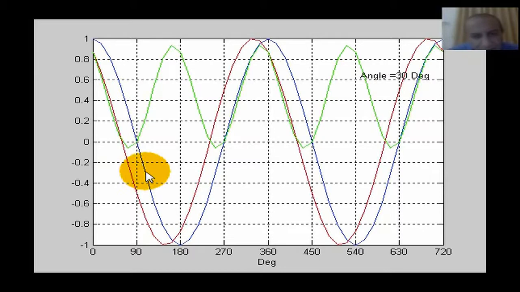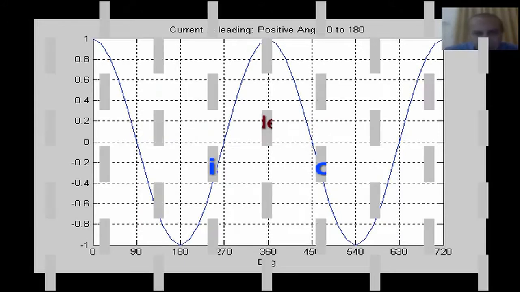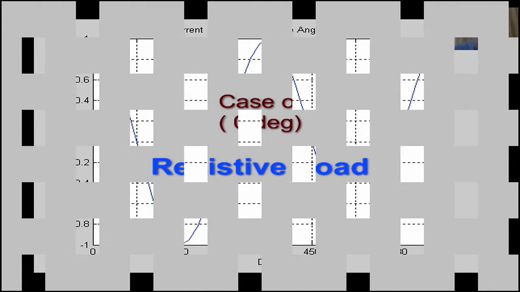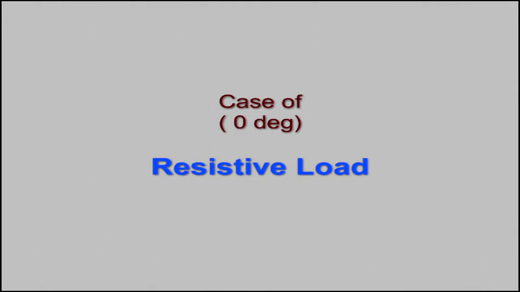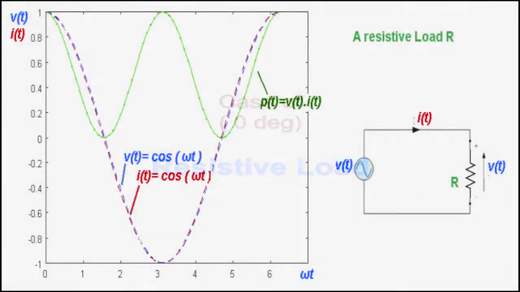Now I will demonstrate this for different phase differences between the current and the voltage. In this case, both the voltage and the current are in phase, as we see.